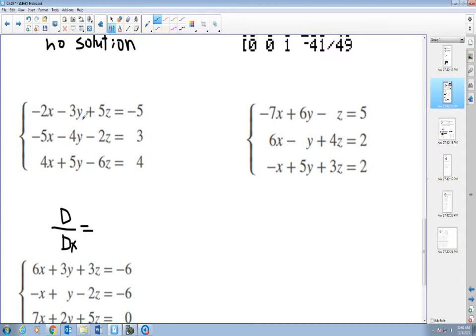Cover up row 2, row 1, column 2, so you use these numbers. There are different ways we can go about doing this. For the z, you can cover up row 1 and the 3rd column, find a determinant for your z, and then divide them. That will give you the answers. That's what Cramer's rule is.